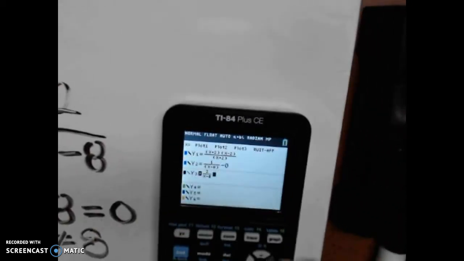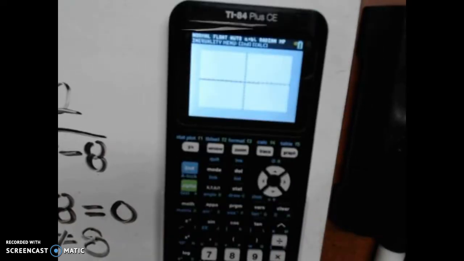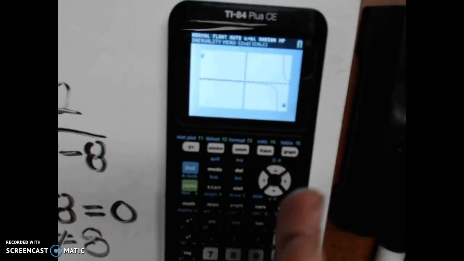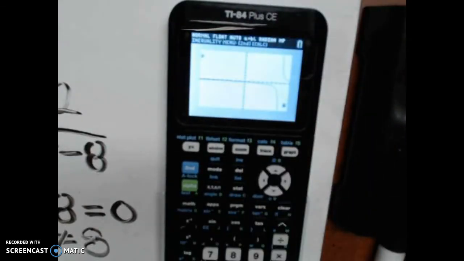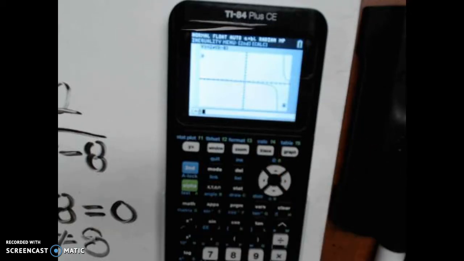It cannot be that. So if I graph that, there it is, way over there. And you can see we have what's called the vertical asymptote. That dotted line is going to happen when we're at x equals 8.